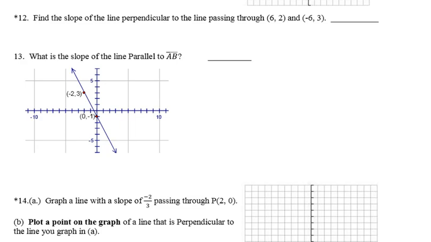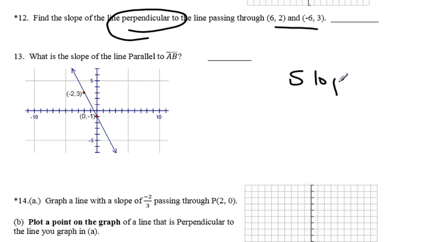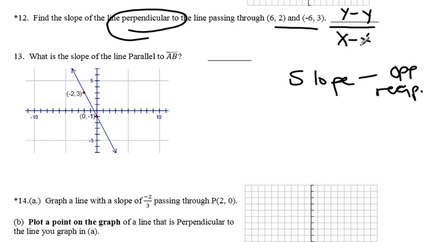Alright, number 12 says to find the slope of the line perpendicular to this line passing through these points. So remember, perpendicular, I take my slope, and then in order to find its perpendicular line, I take the slope and I find its opposite reciprocal. So first I have to find the slope of this line. Well, slope formula, y minus y over x minus x.